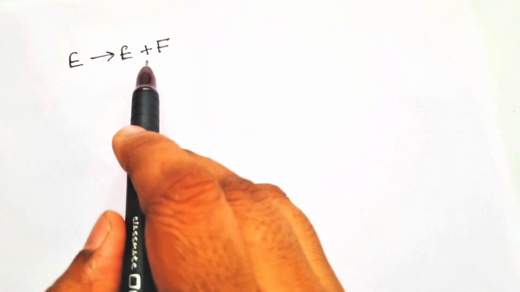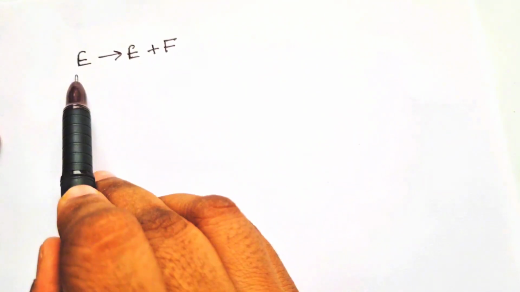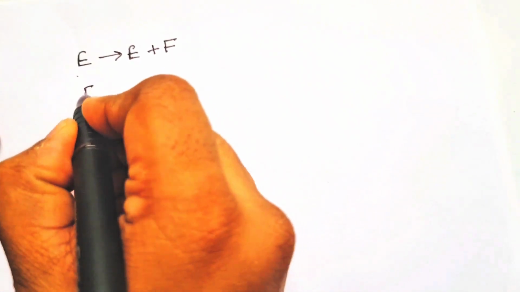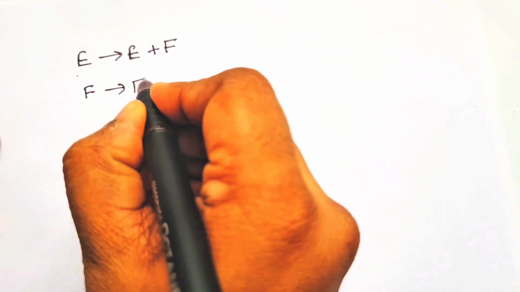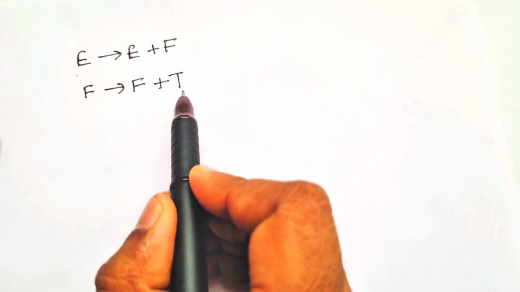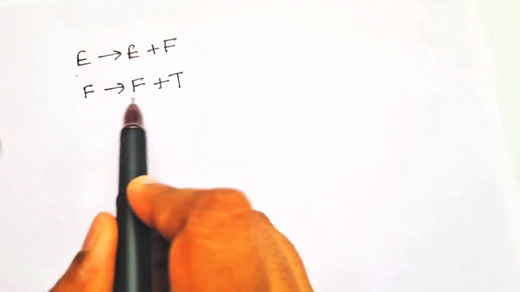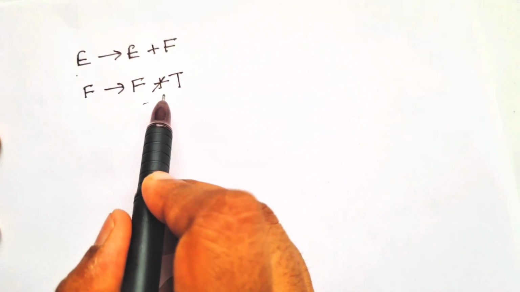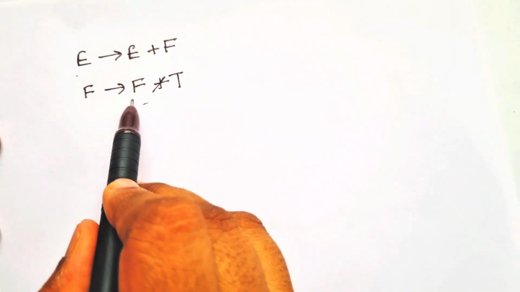I want E to be left recursive. This F is used to perform star. Why have I taken T, a different symbol, here? As I want only left associativity for star, I have taken F here.